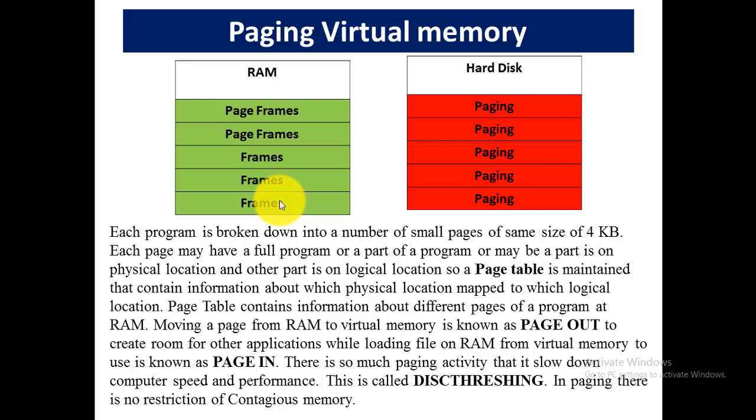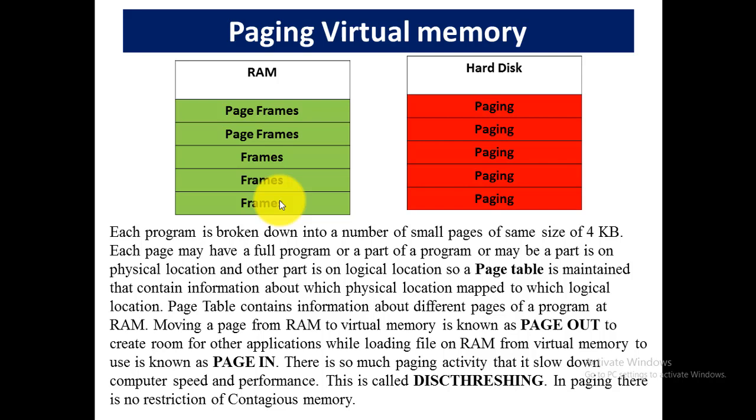Why do we do the page in? When the RAM has free space or when the RAM requires those pages to perform the operation, then it will request the virtual memory to send these files into the RAM. This is called page in.